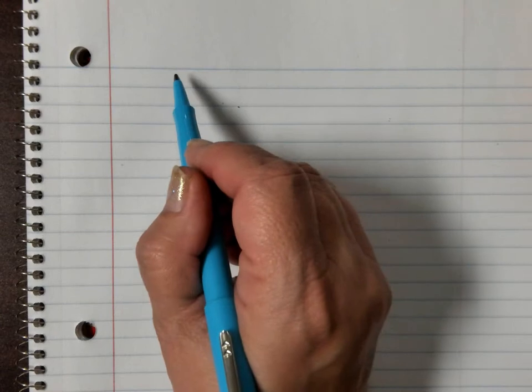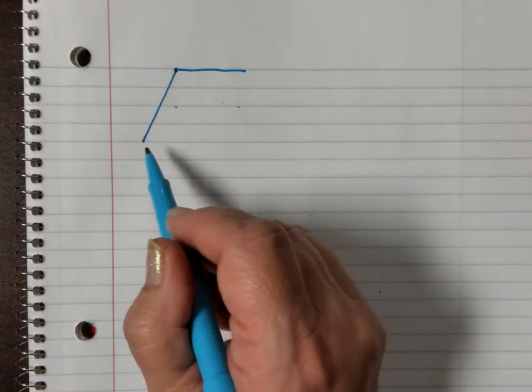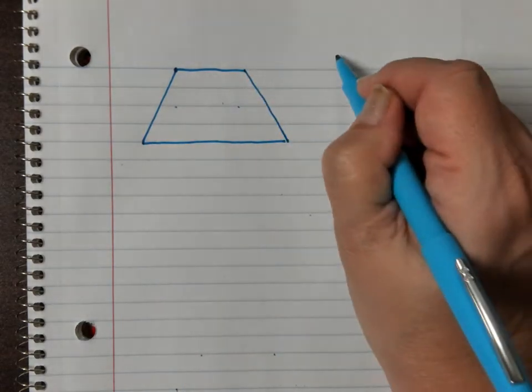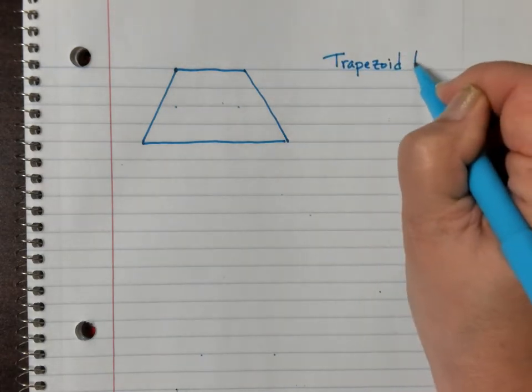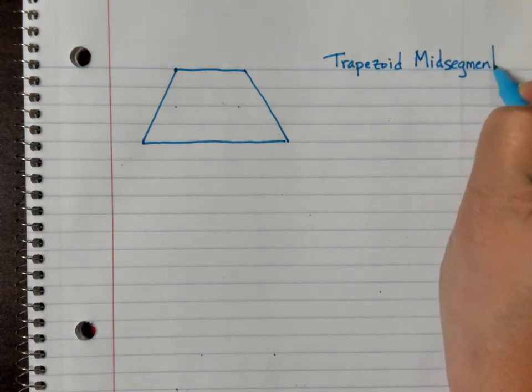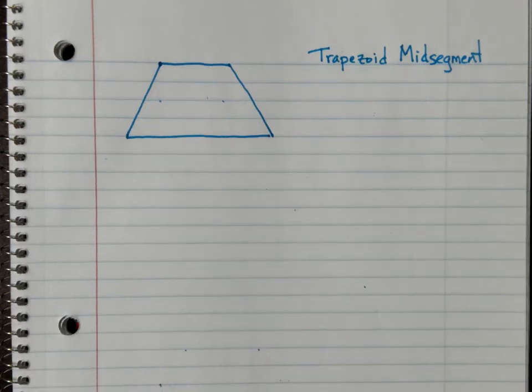Alright, this is a special thing that's not on our chart or anything. And this is called the trapezoid mid-segment. So what does this even mean, a mid-segment?